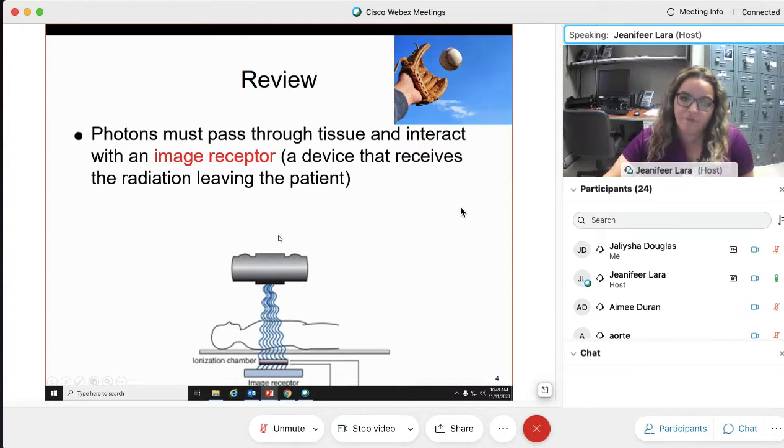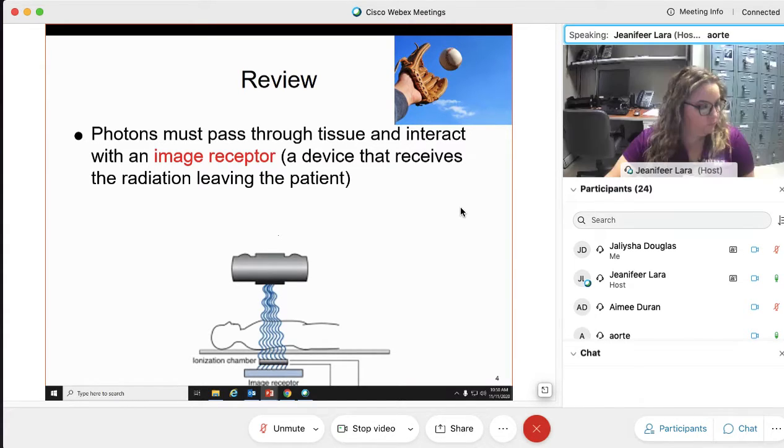So when we talk about photons, we know that we're talking about X-rays that are being created inside of the X-ray tube, either through Bremsstrahlung or characteristic. They exit the tube through total filtration, which we already know is what? Aurora, what is total filtration?